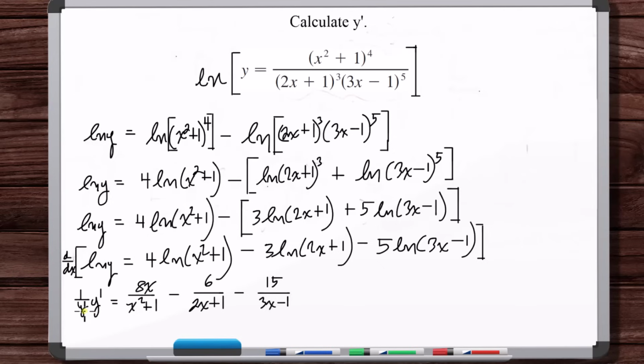Okay, so now we solve for y prime. We multiply this entire equation by y, and y prime is equal to y times all of this. But then we just substitute this y back in.